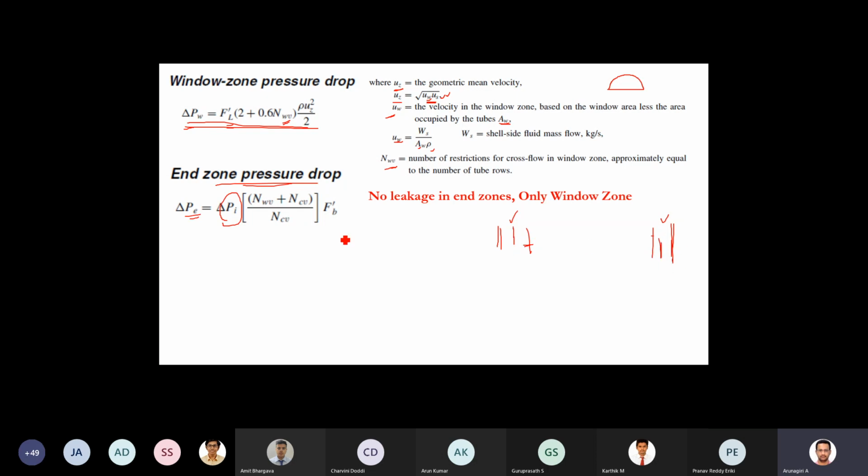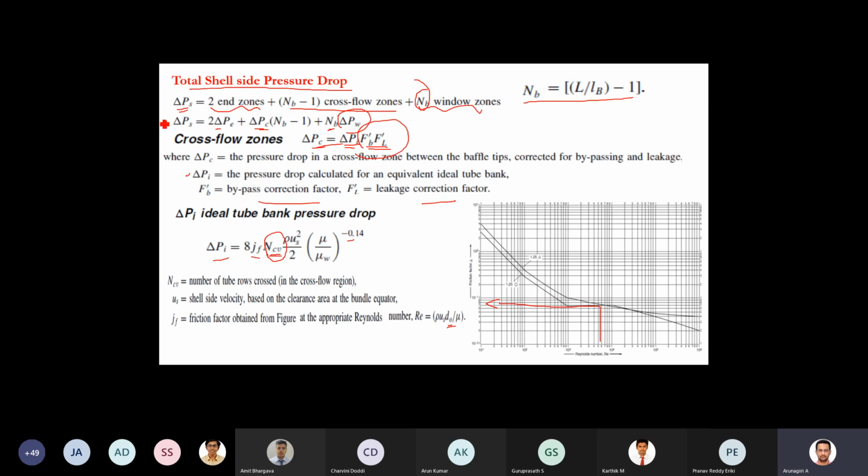It is then corrected by FB dash, the bypass correction factor. You use this to calculate delta PE. Then substitute all the values: delta PE, delta PC and delta PW, and we can easily calculate the delta P.